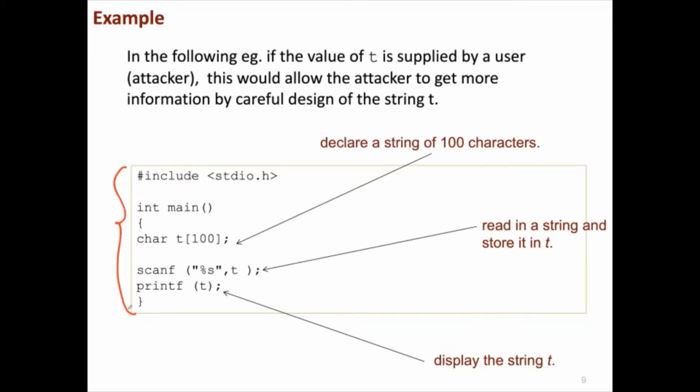So if this program is run, and the attacker can control the input, then potentially he keys in the string "hello world %d", and extra information, this 15, will be printed out.